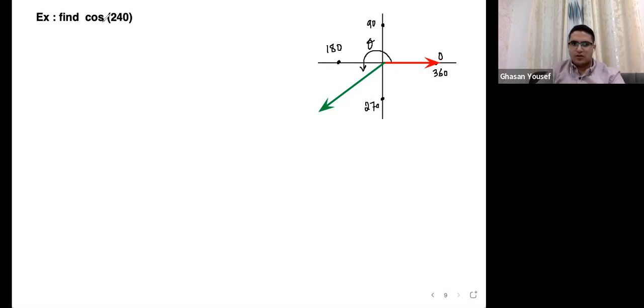So for the cosine in the third quadrant, what is the sign of the cosine function? Number 1, what's the sign of the cosine function in the third quadrant? Go back.